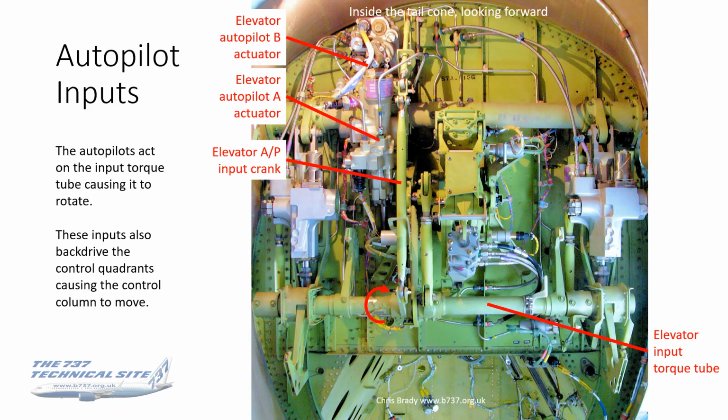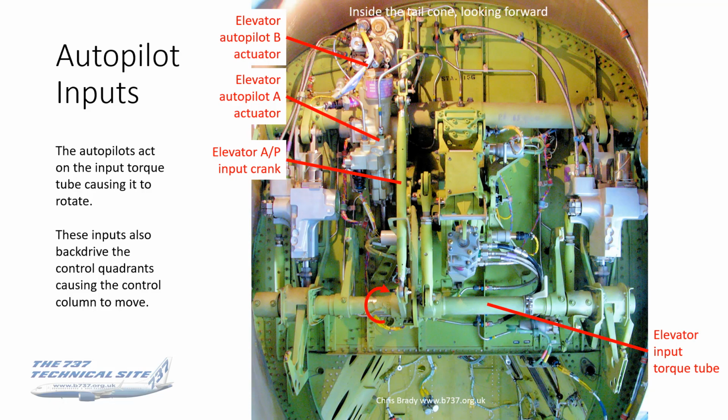The other thing that can act on that input torque tube are the autopilots, and this, again, for those of you that saw my wheel well hydraulic tour, will recognise the similarity of those two autopilot actuators. The arrangement is very, very similar to that on the ailerons, but just turned through 90 degrees.